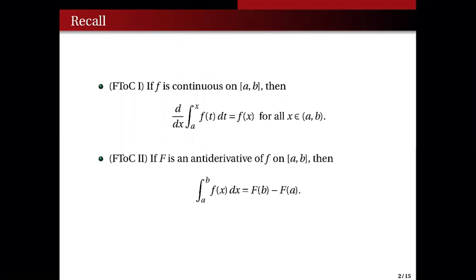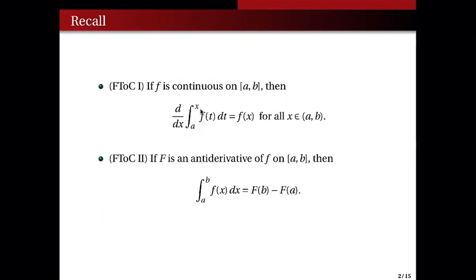And if you combine these two statements here, you would observe that the integral and differentiation are inverse processes of each other. So one of them cancels what the other does.